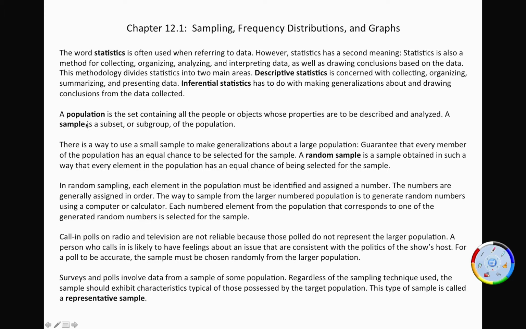Some terms we need to know. A population is the set containing all the people or objects whose properties are to be described and analyzed. A sample is a subset or subgroup of the population.